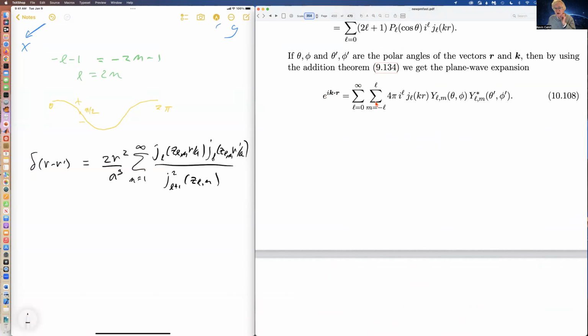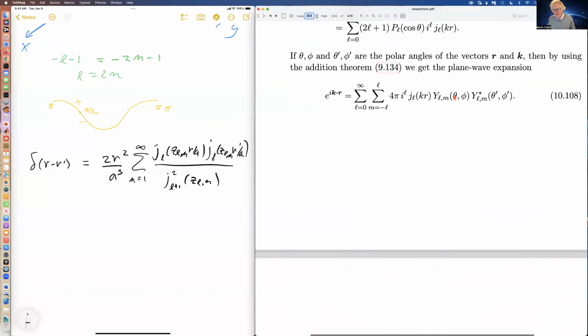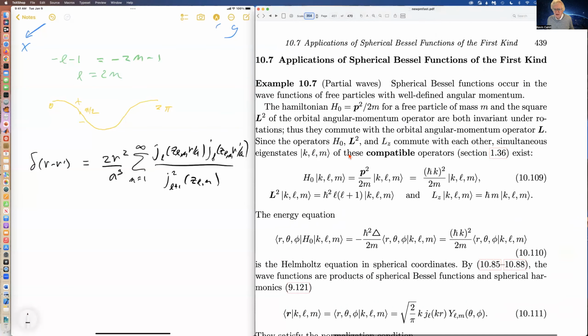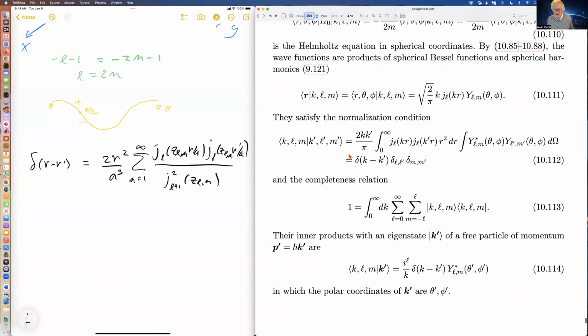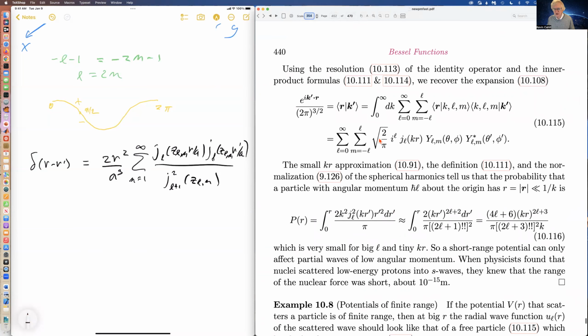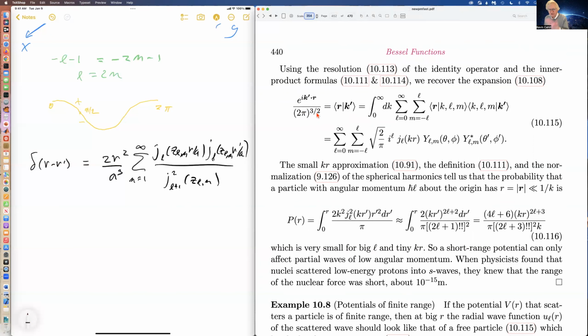E to the I k dot r is then this sum, 4 pi I to the L JL of kr, and then the spherical harmonics, one of them, the theta phi for the vector r, and theta prime phi prime for the vector k. And that then is used in this expression. It shows up again in this expression where we're dividing by 2 pi to the 3 halves, because that's the usual way of normalizing the phase factor.